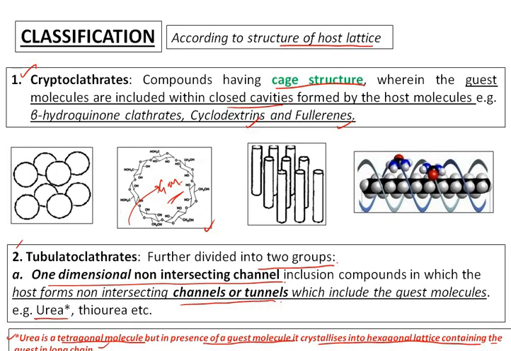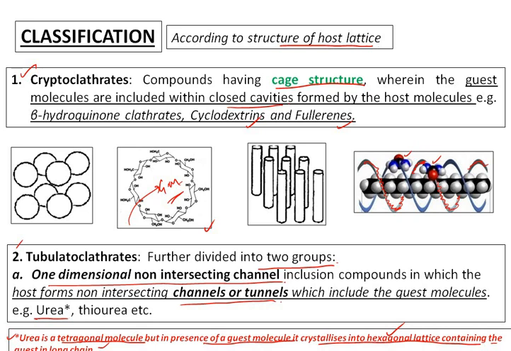Whenever a guest molecule approaches, urea has the tendency to convert itself into a hexagonal lattice. Many urea molecules bind with each other and form this spiral type of bonding, and only 2 urea molecules are shown here for clarity.